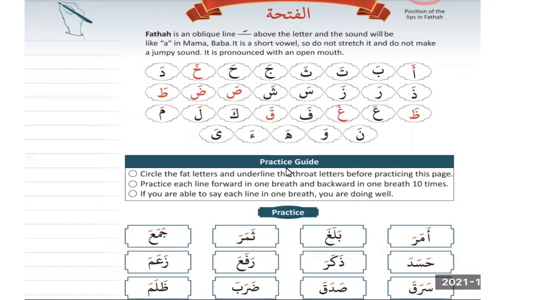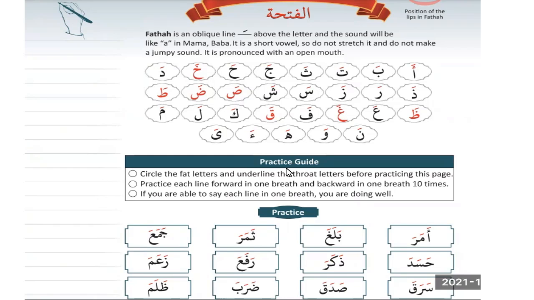Before, we used the lips for the ba letter, but which part did we use? The wet part. But here, for mim, fatha, ma, we are using the dry part of the lips and a very thin sound. And the dry part is the outside. Everybody can see our lips, the dry part. So we are using these two lips together.